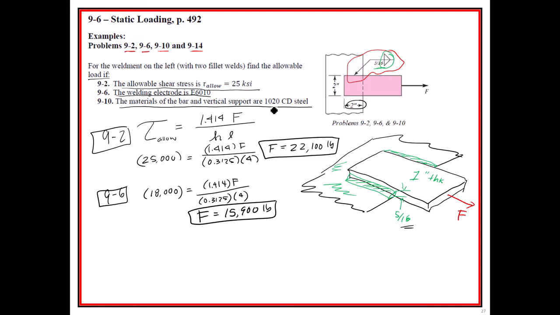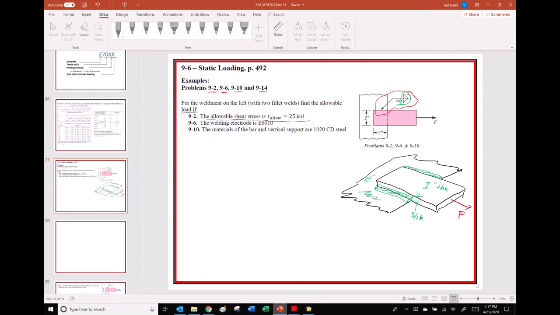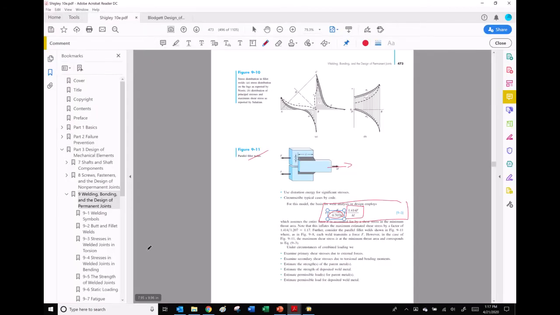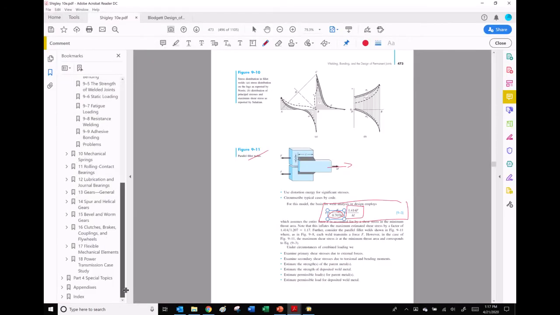All right, so now what we've done is we have 1020 cold drawn steel, and I have to double check what happens here. Let's go to the back of Shigley and look up cold drawn steel.